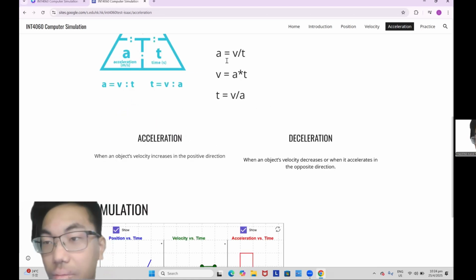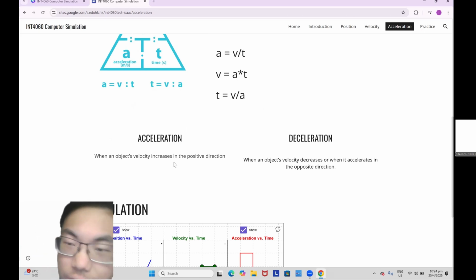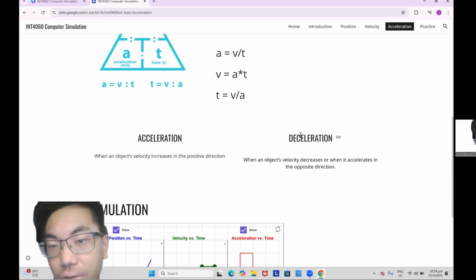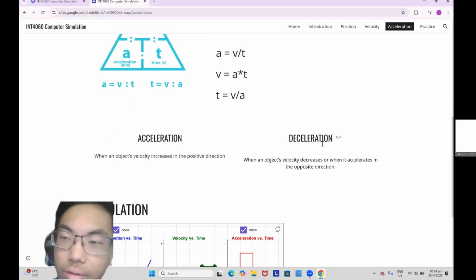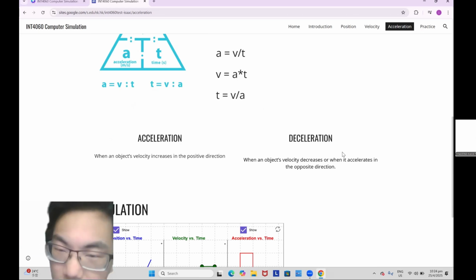And there are two types of accelerations. One is acceleration, and the other one is the negative acceleration. And normally, we just call it the deceleration. And then here is the example statement.